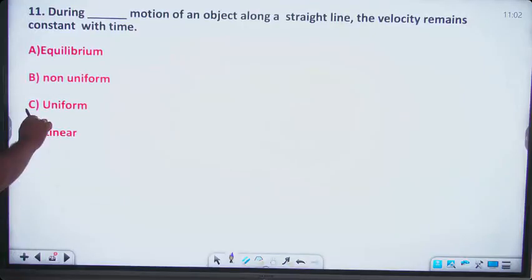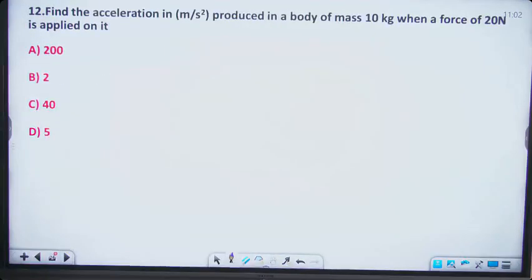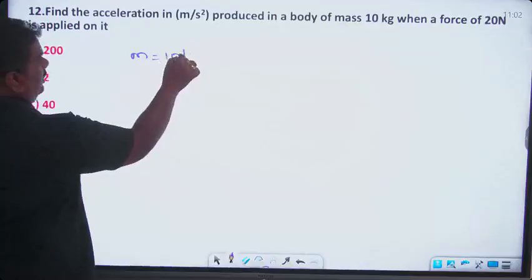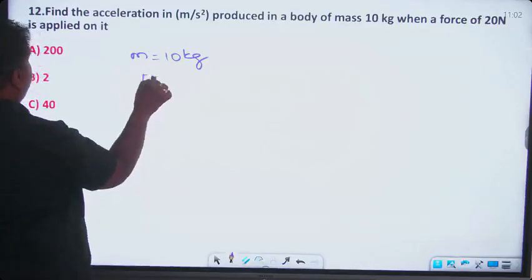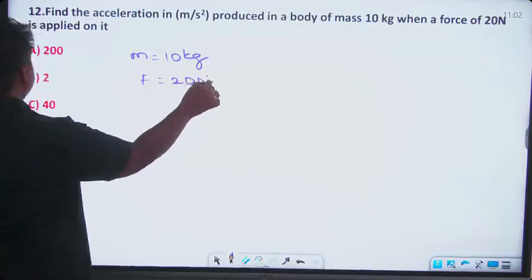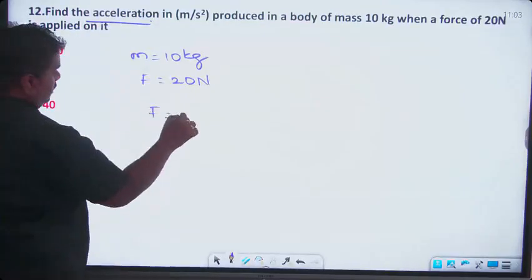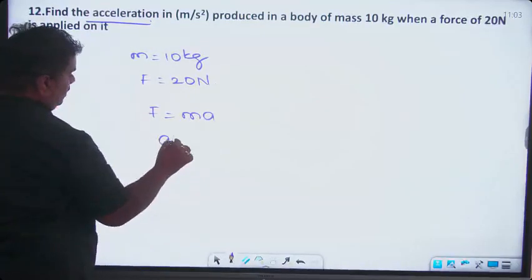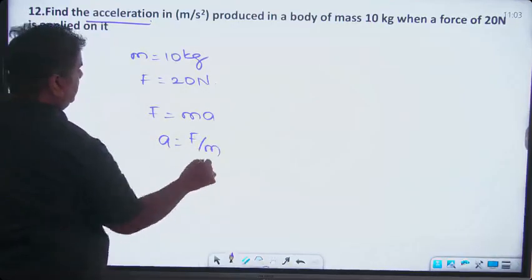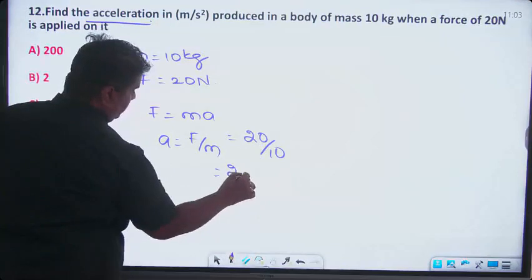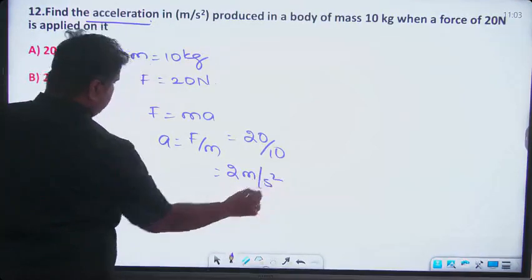During uniform motion, find the acceleration in meter per second square produced in a body of mass 10 kg when a force of 20 Newton is applied on it. Find the acceleration. F equal to m into a, or else a equal to F by m, that is equal to 20 by 10, or else 2 meter per second square.